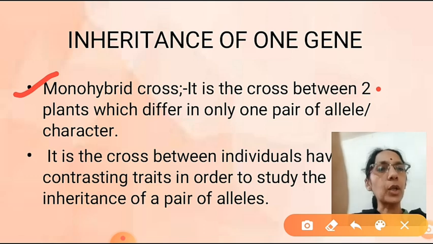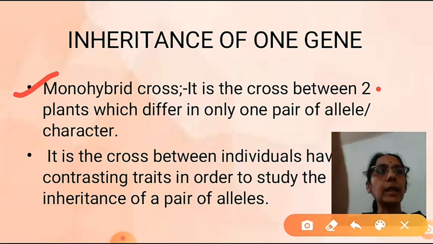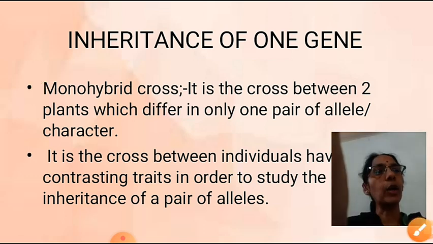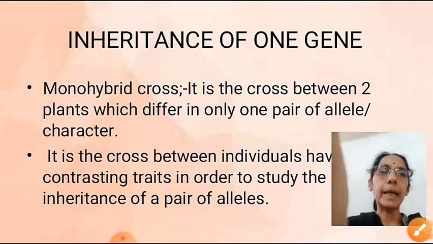So it is the cross between individuals having contrasting traits. So what is a monohybrid cross? A cross between two plants that differ in only one pair of allele or a character.